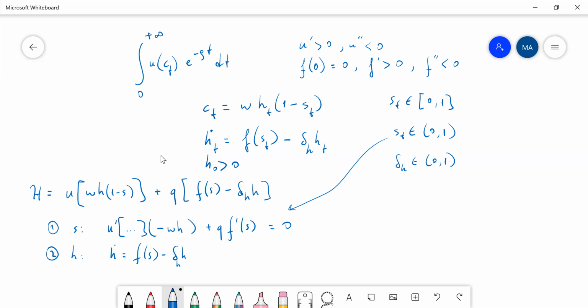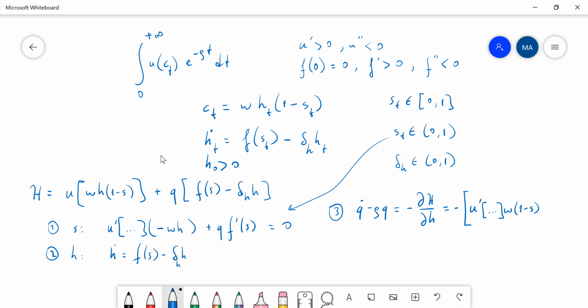Then I have the co-state equation. The co-state equation is q dot minus rho q equals the derivative of the Hamiltonian with respect to h. So with respect to h, I have U prime again.